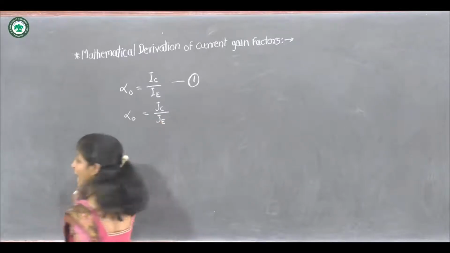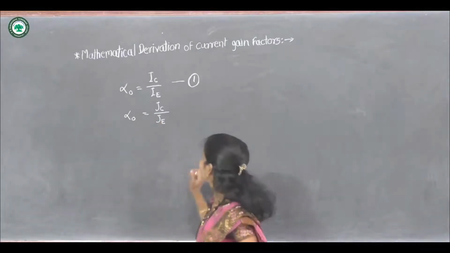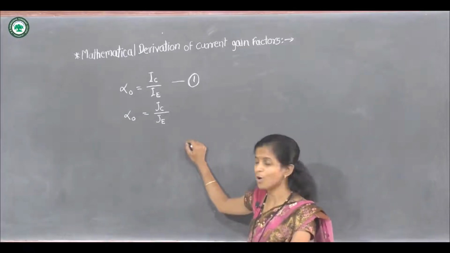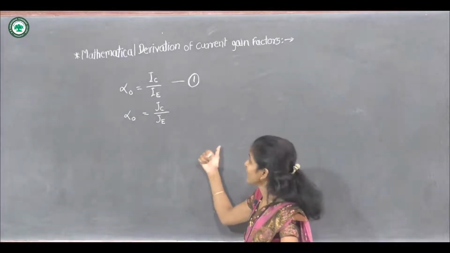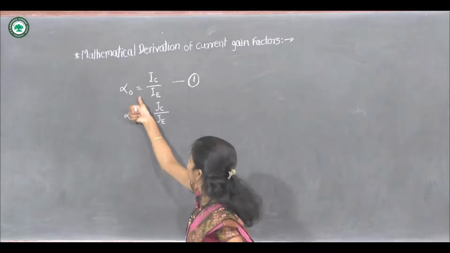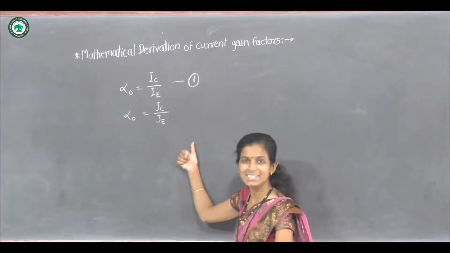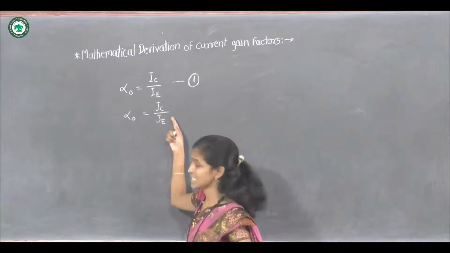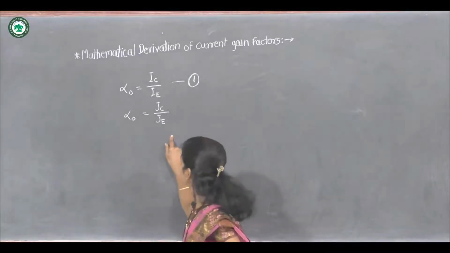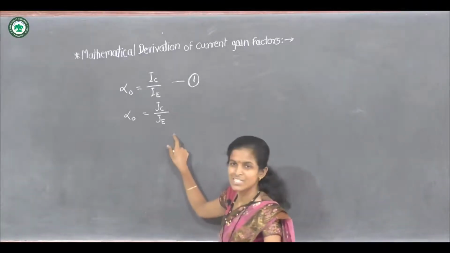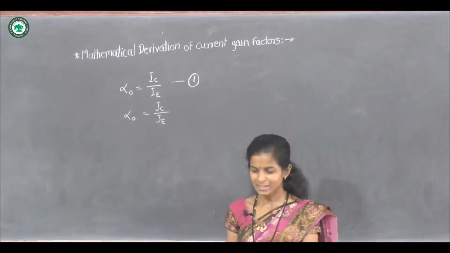If the active area of the collector and the active area of the emitter is the same, then alpha naught, which is equal to IC by IE, may be written as alpha naught equal to JC upon JE, that is collector current density upon emitter current density.